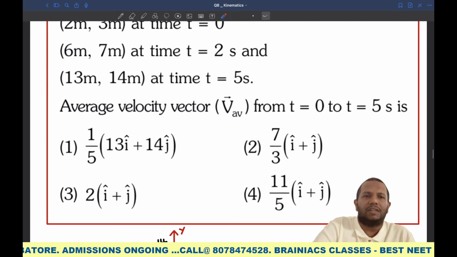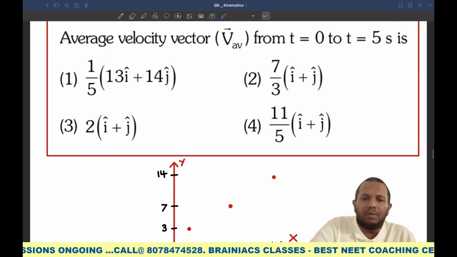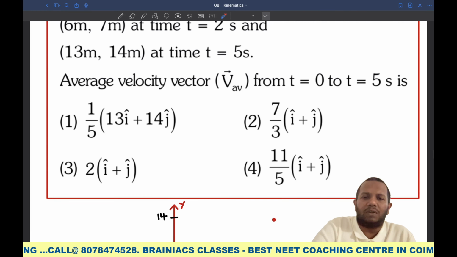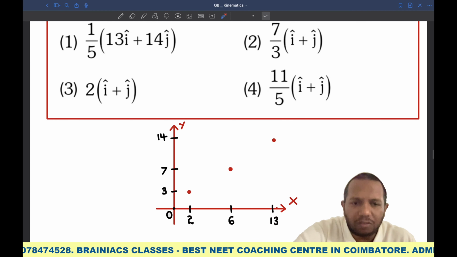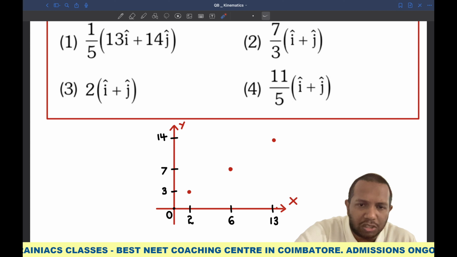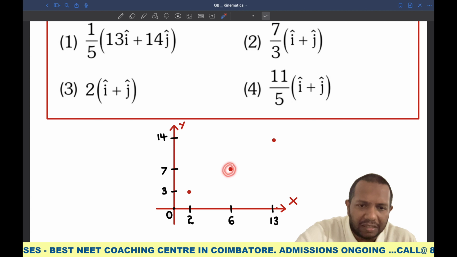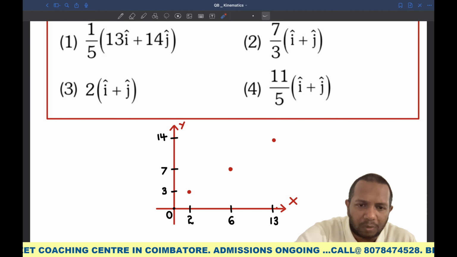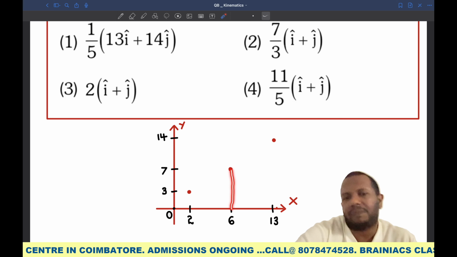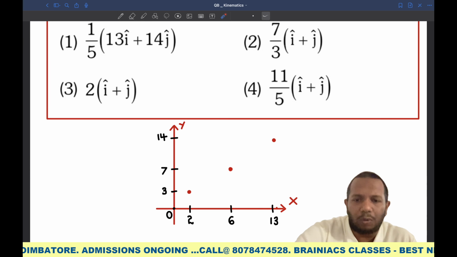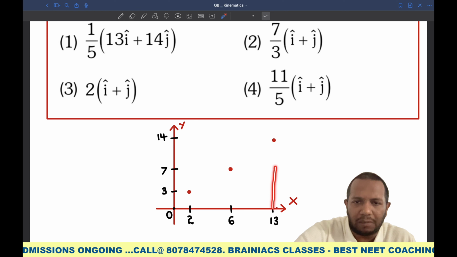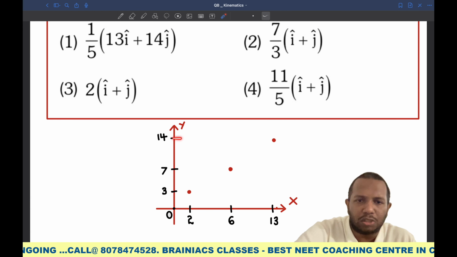You can verify that. Now once 2 seconds have elapsed, its y coordinate changed to 7 meter and the x coordinate is 6 meter. Now after 5 seconds, the x coordinate changed to 13 meter and its y coordinate changed to 14 meter.